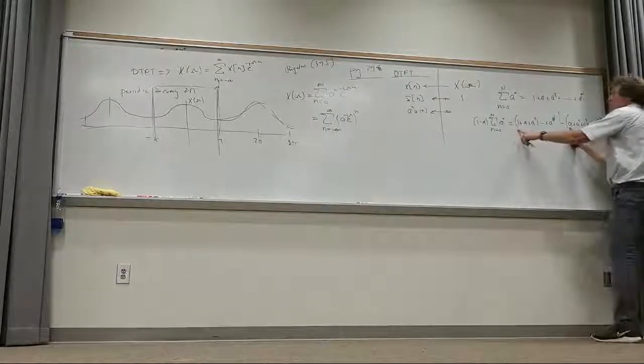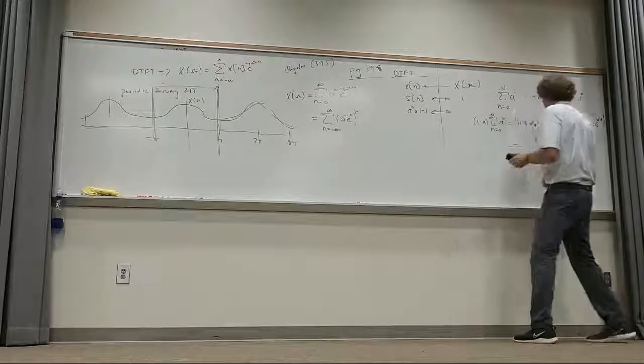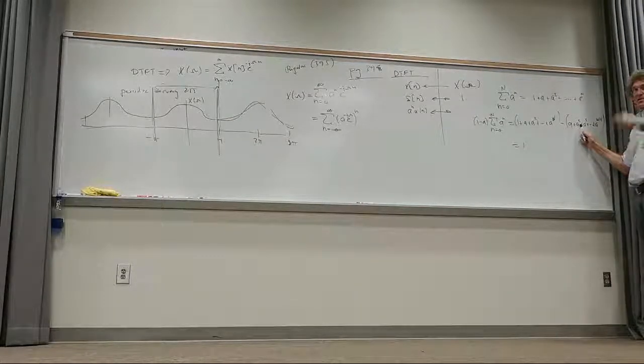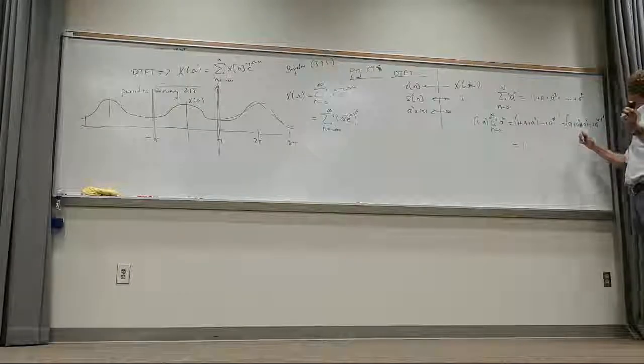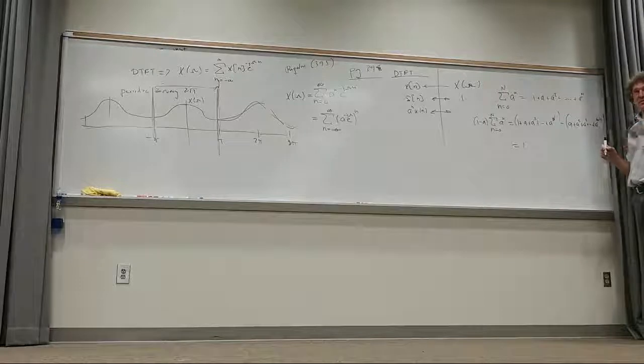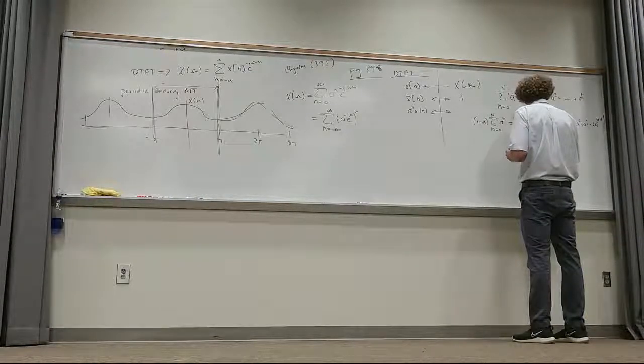There's not a 1 over here, so the 1 is going to stay. A minus a, gone. A squared minus a squared, gone. A to the n minus a to the n, gone. But minus a to the n plus 1 is retained. So it's 1 minus a to the n plus 1.